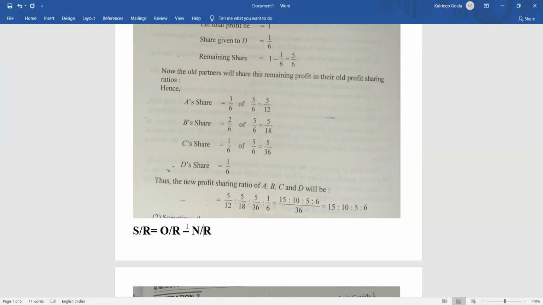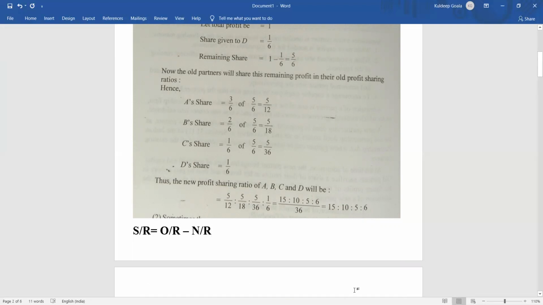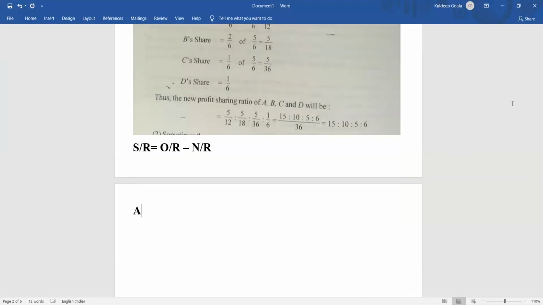So in case of all the partners, we'll find out. First of all, we will go with A. So in case of A, the old ratio was 3 by 6 minus the new ratio was 15 by 36, right?